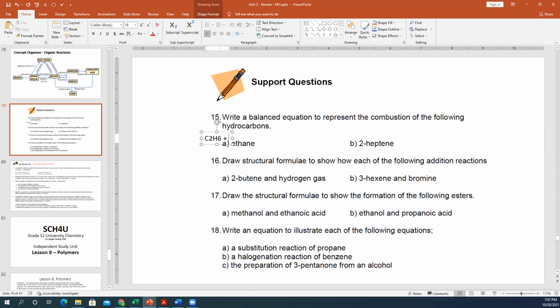And what is it going to react with? It's a combustion reaction. With water? Think about combustion. What does combustion mean? Combustion means burning. When you're burning, what do you need?